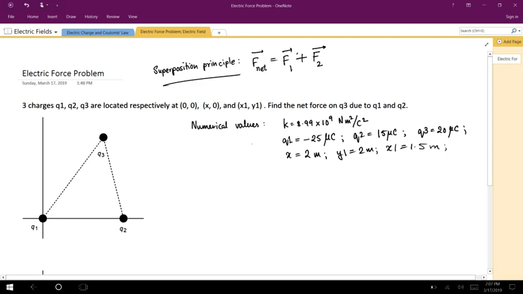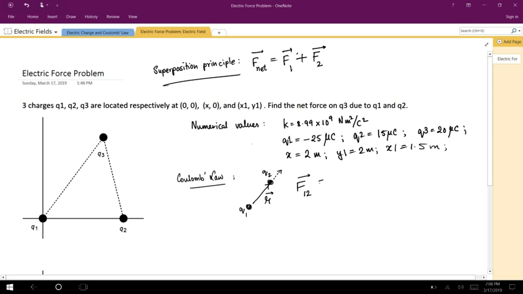Okay, the second ingredient that we need is Coulomb's law of electrostatics. This tells us that if we have two point charges, Q1 and Q2, separated by a radius vector r, this is Q1, that is Q2, then the force on 2 due to 1 is going to be along that direction, and we're going to represent this force as F12, the force on 2 due to 1.